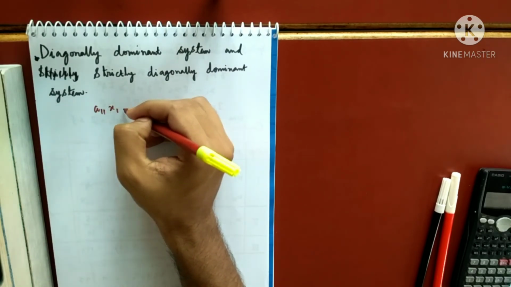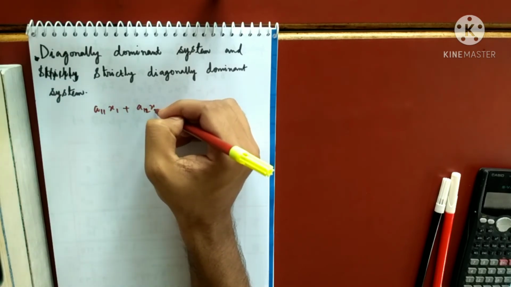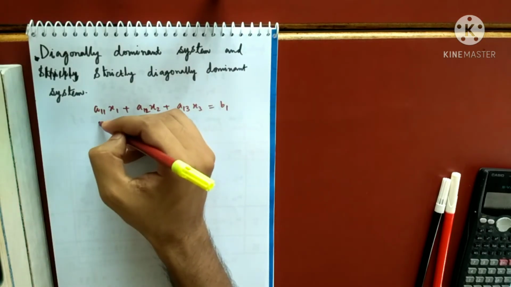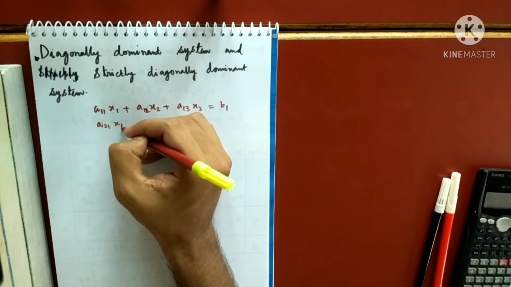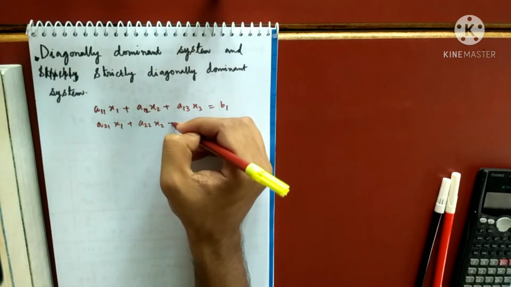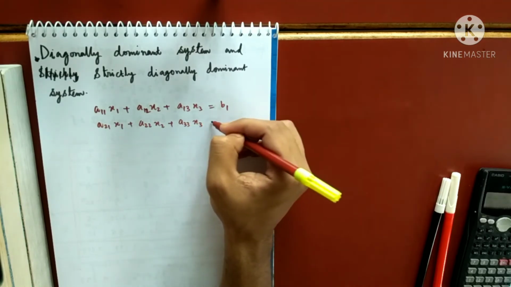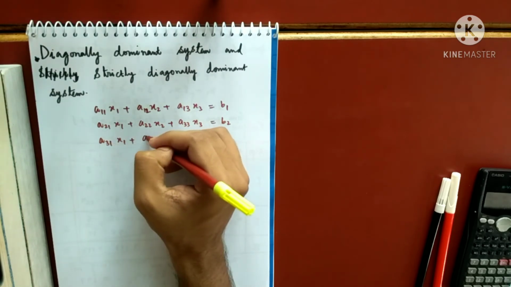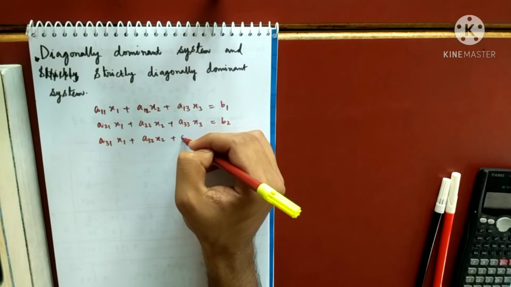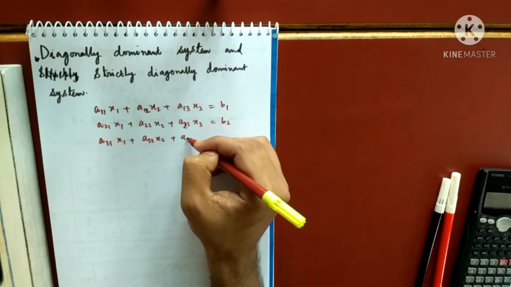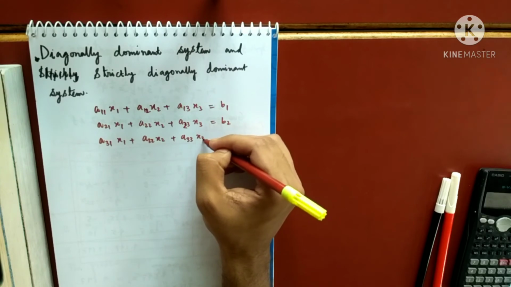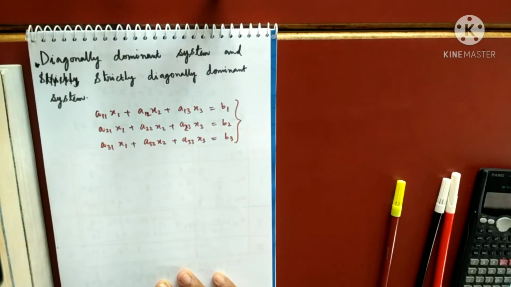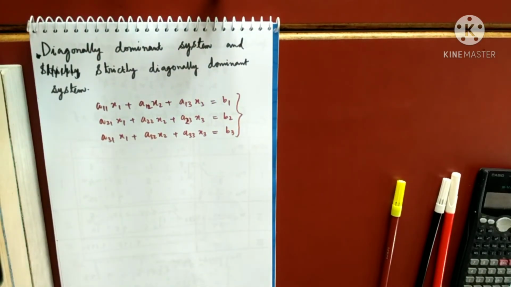So a11 x1 plus a12 x2 plus a13 x3 is, suppose, b1, a21 x1 plus a22 x2 plus a23 x3 equals b2, and a31 x1 plus a32 x2 plus a33 x3 equals b3. Suppose I have this 3x3 system.